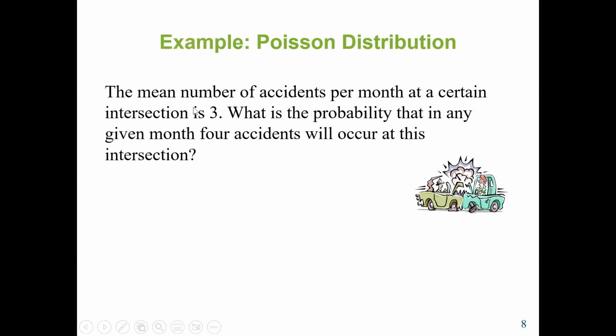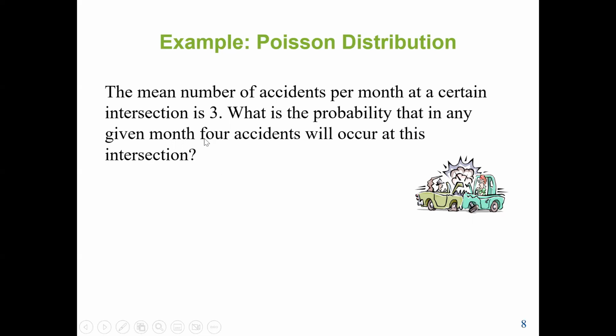Here we said the mean number of accidents per month at a certain intersection is 3. What is the probability that in any given month, 4 accidents will occur at this intersection? So here the two values that we need are already given to us, which are the mean and also the x for accidents.